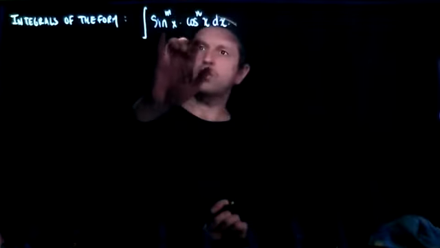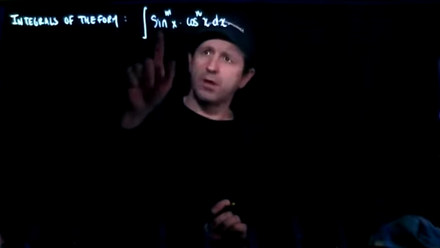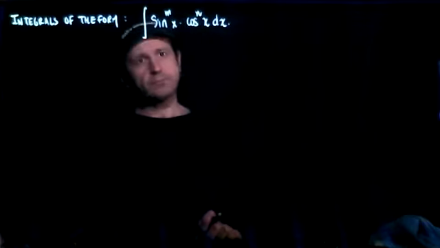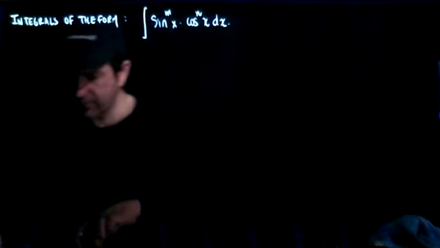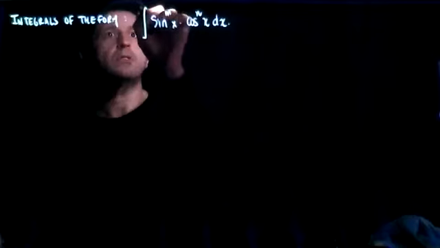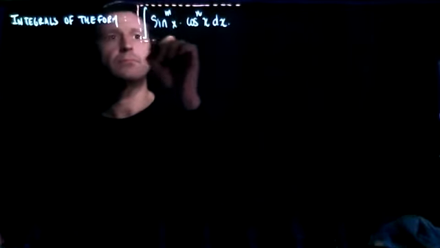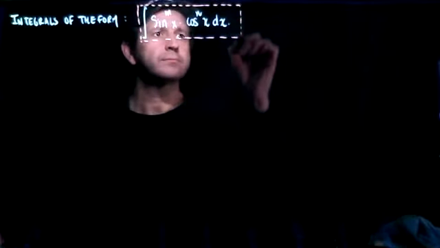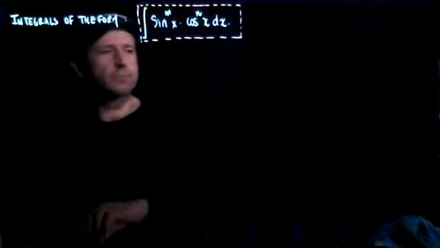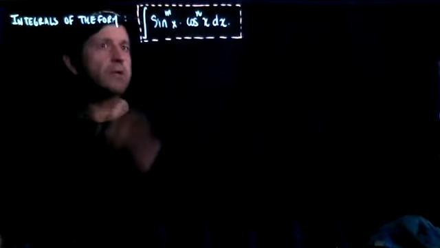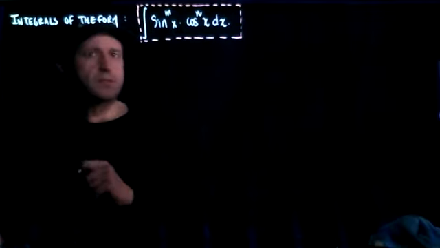So the product of sine and cos, each one to its own power. This is what I'm interested in. There are three cases when you have an integral like this.